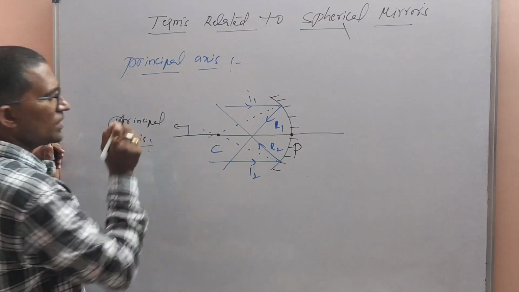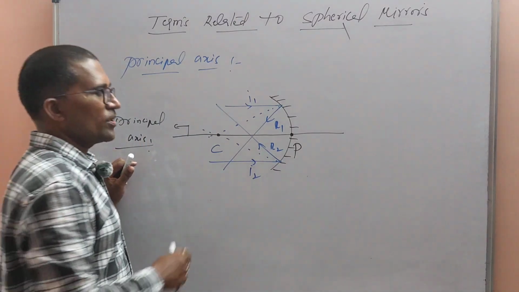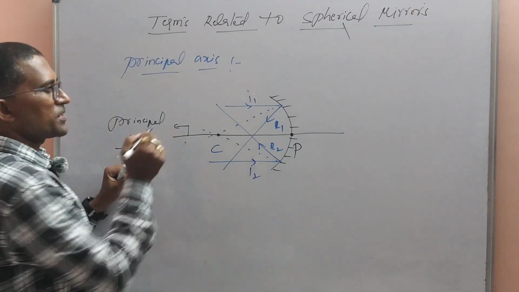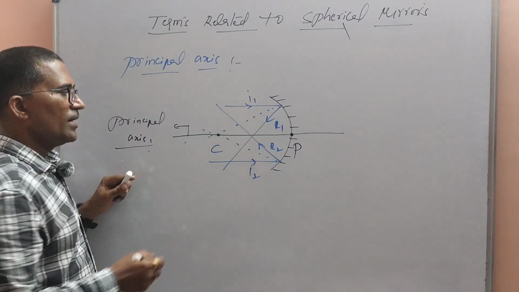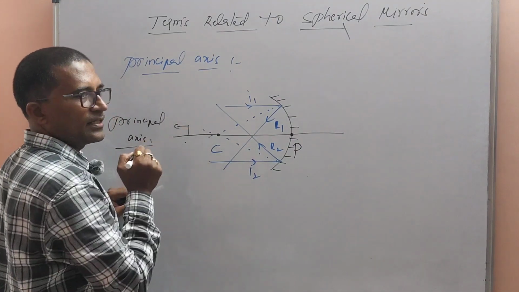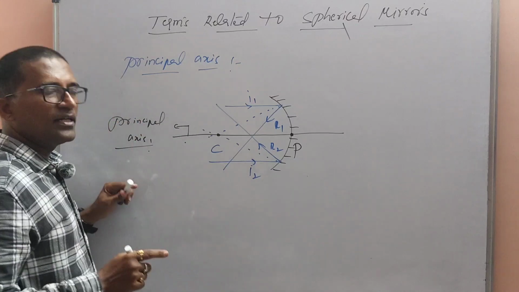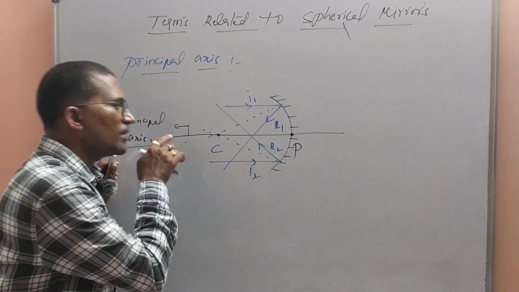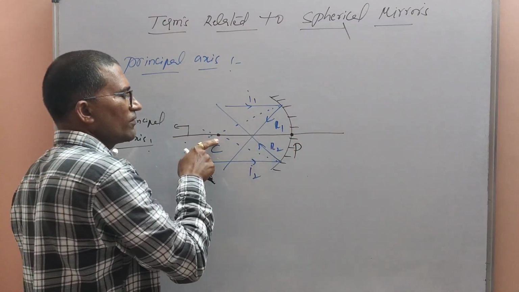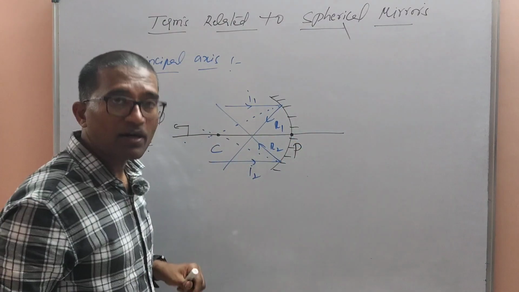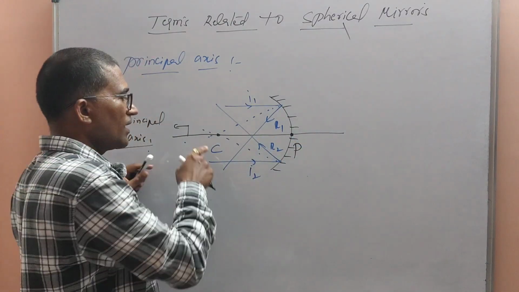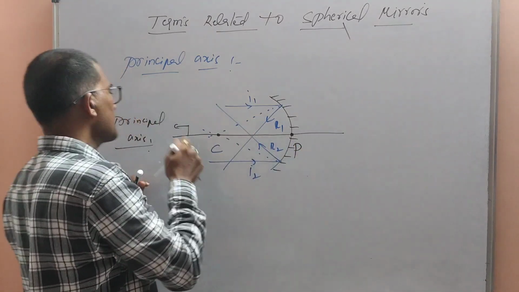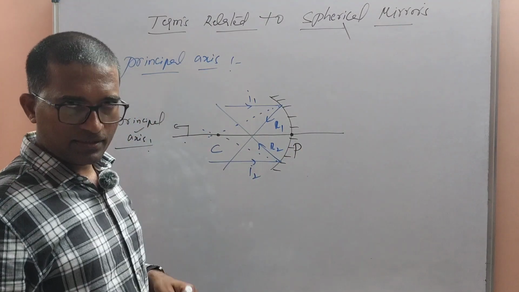I will tell the definition again. What is the principal axis? The horizontal line passing through the center of curvature and the pole of the mirror, or the horizontal line joining the center of curvature and the pole of the mirror, is called the principal axis.